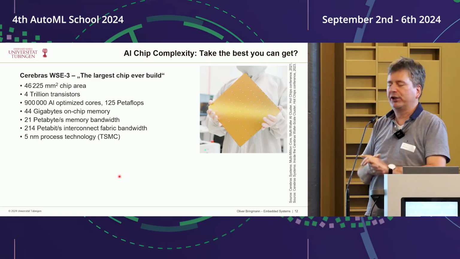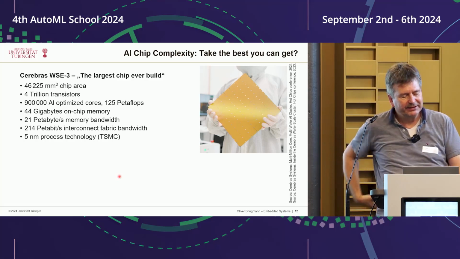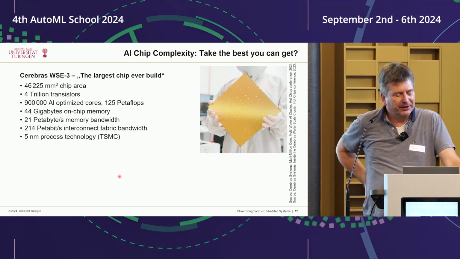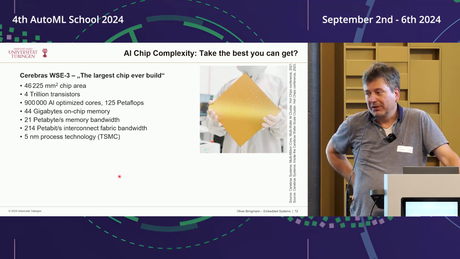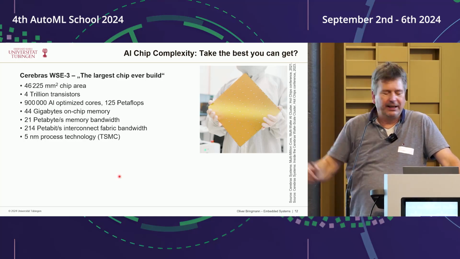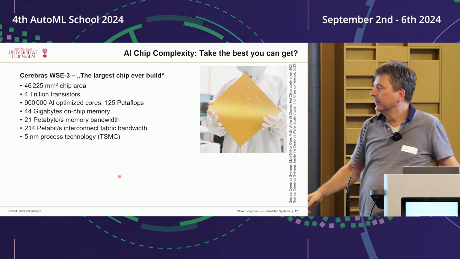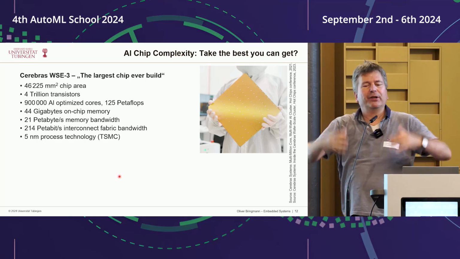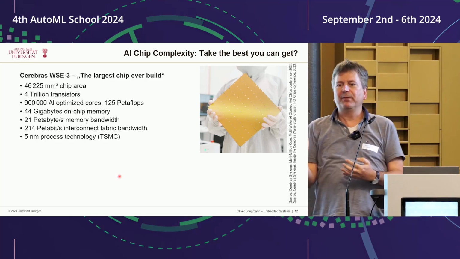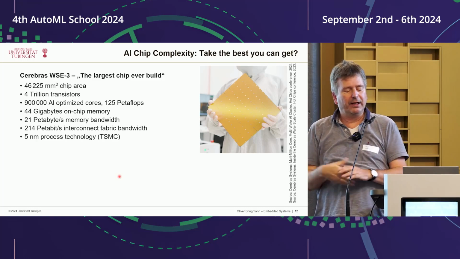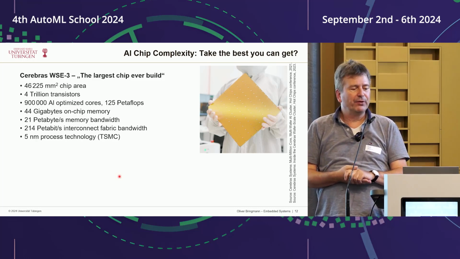They're talking about 4 trillion transistors, and it's also built with a TSMC process, as NVIDIA does. Inside the chip they have memory and compute together, in-memory compute, which provides very high performance solutions.